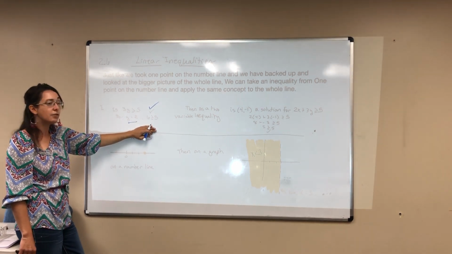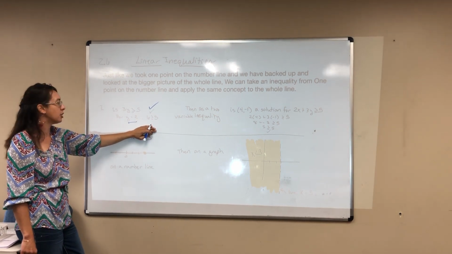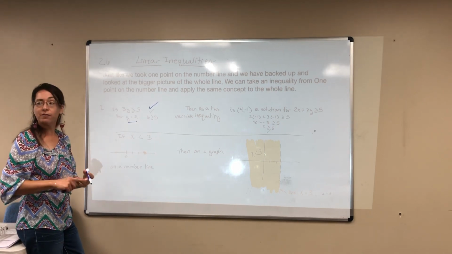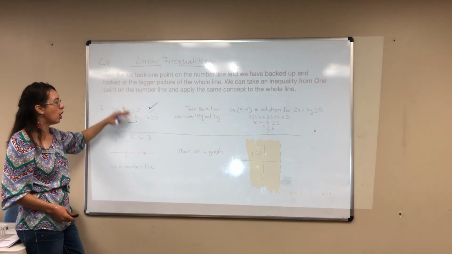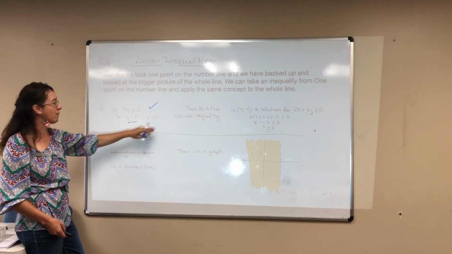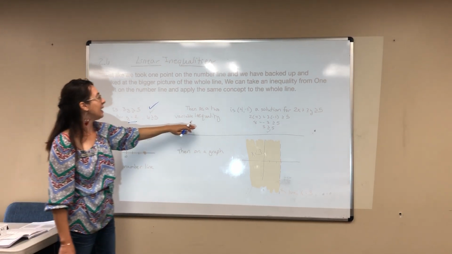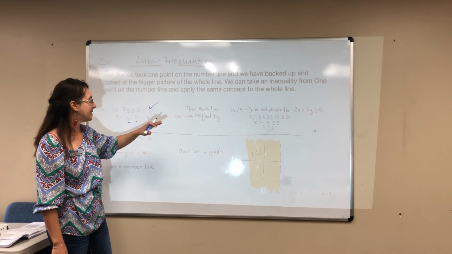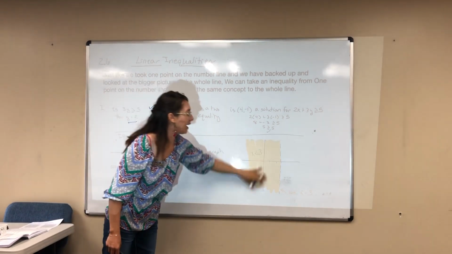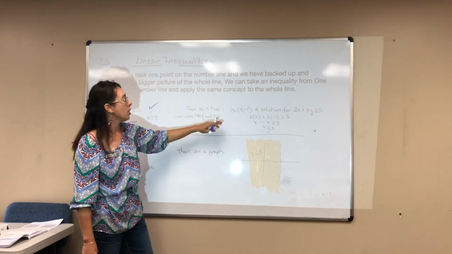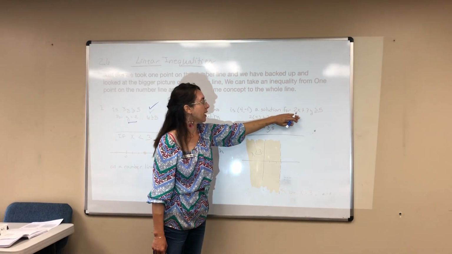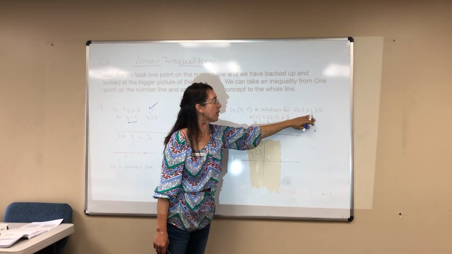Now, there's a lot of different things that could be in the solution set. It could be y equals 3, 4, 5, 10, 100. All of those are going to give us values greater than 5. And then if we were looking at things as a graph, here we've got 2x plus 3y is greater than or equal to 5.